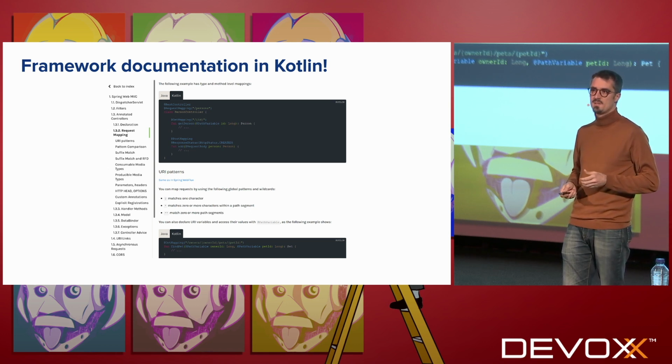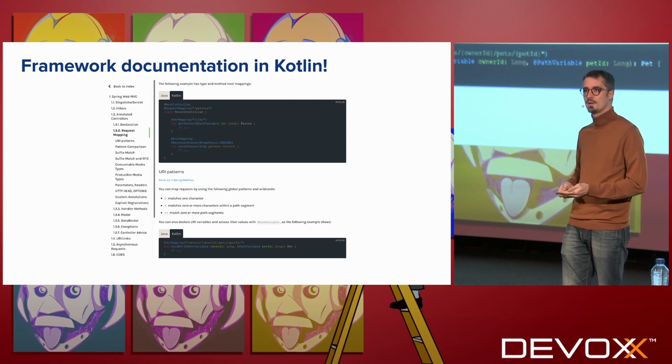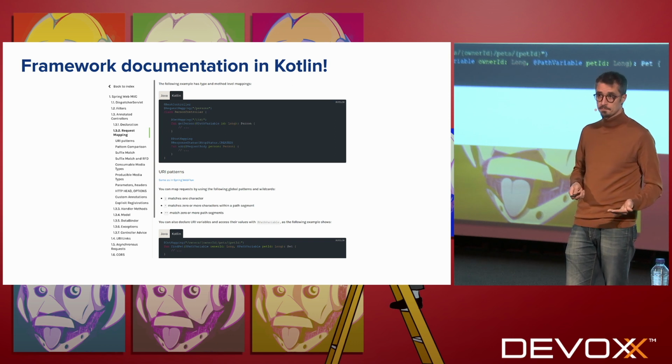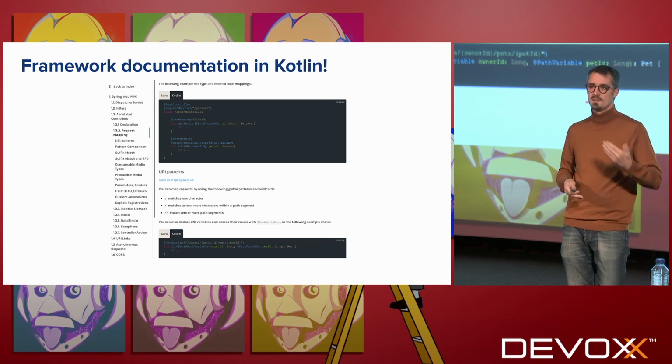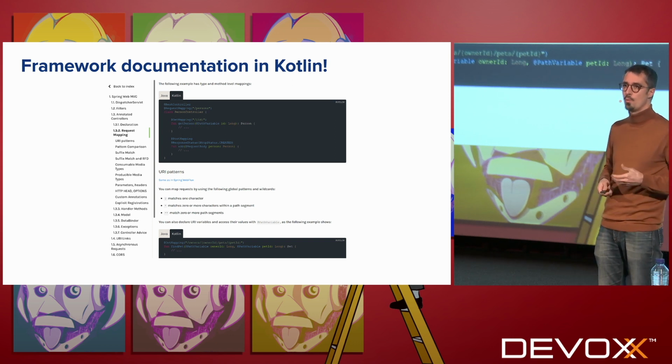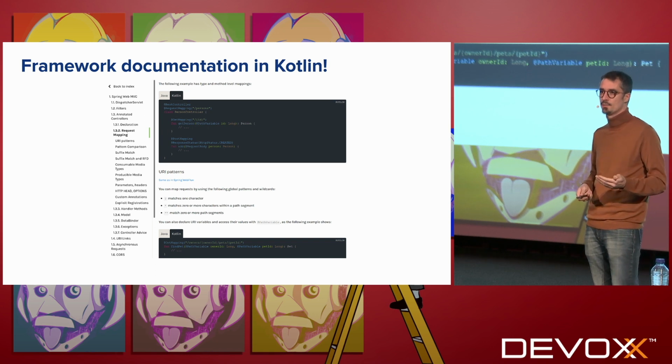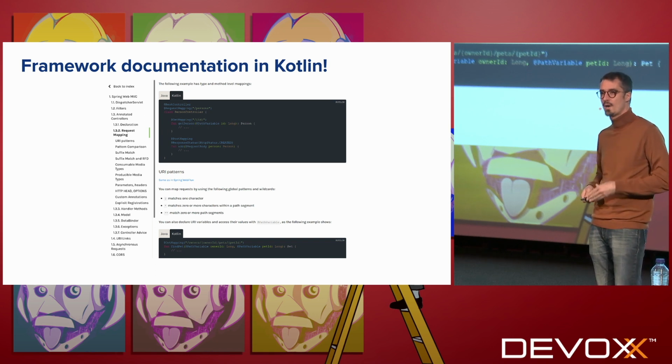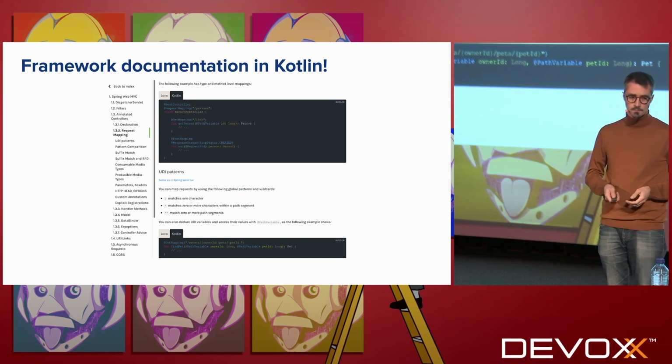When there is some specific DSL or extension available for the Kotlin code, it is used. So it's not just an automated translation, it's also a way to provide you guidelines about how to write idiomatic code for your Spring Boot application with Kotlin.